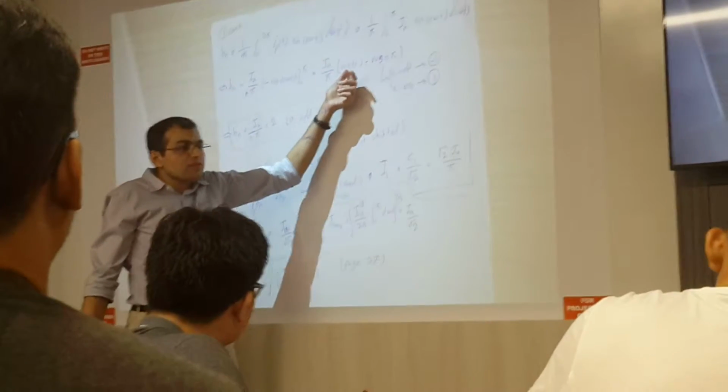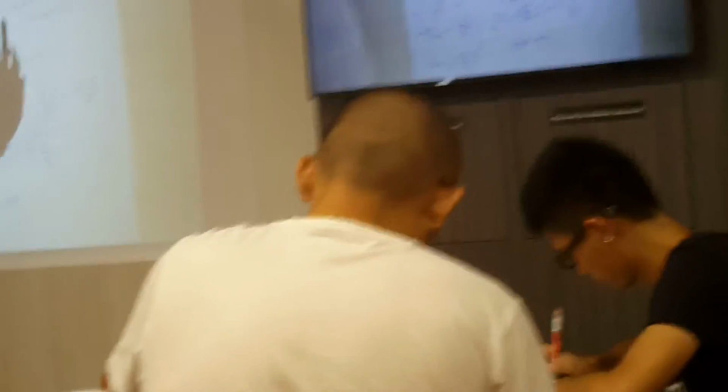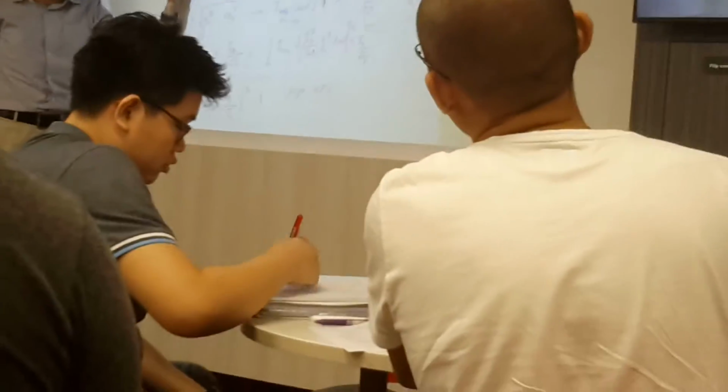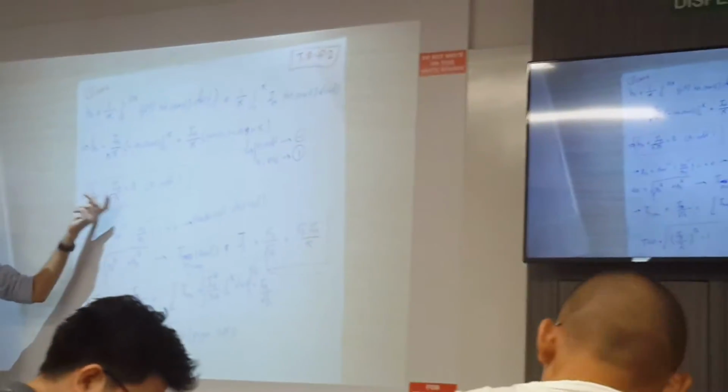For an even number like 2, this becomes 0, so the whole thing becomes 0. So Bn for even numbers of n is 0, and for odd numbers of n, Bn becomes 2 I_A over n pi.